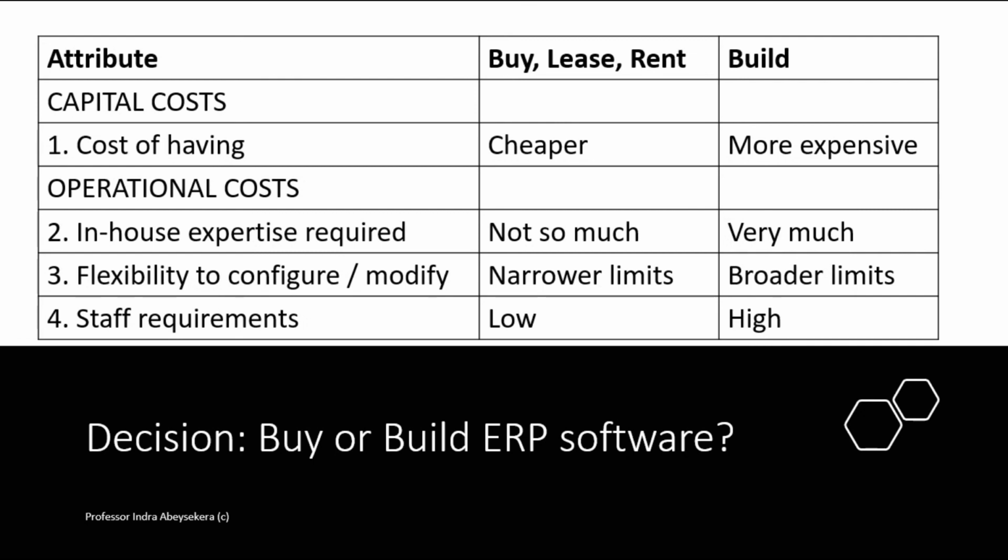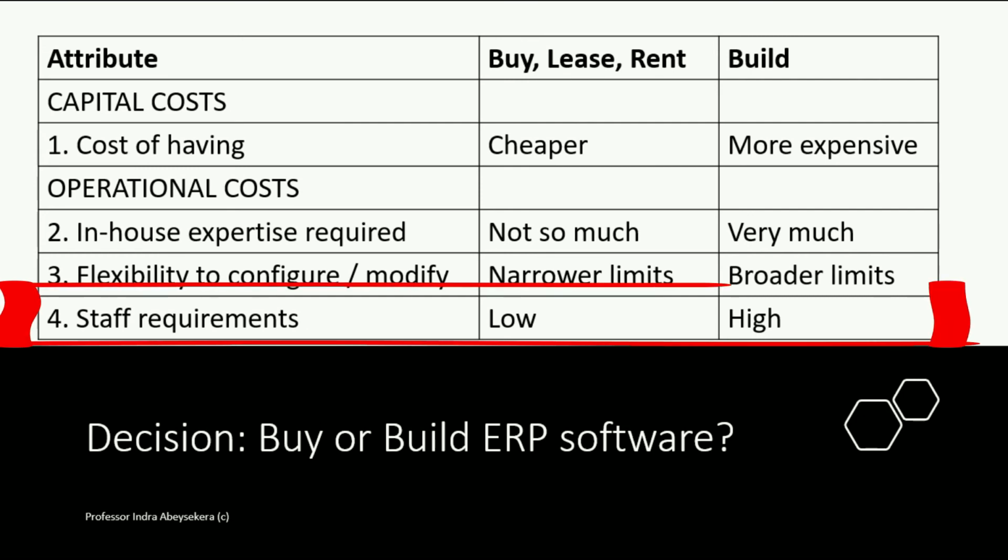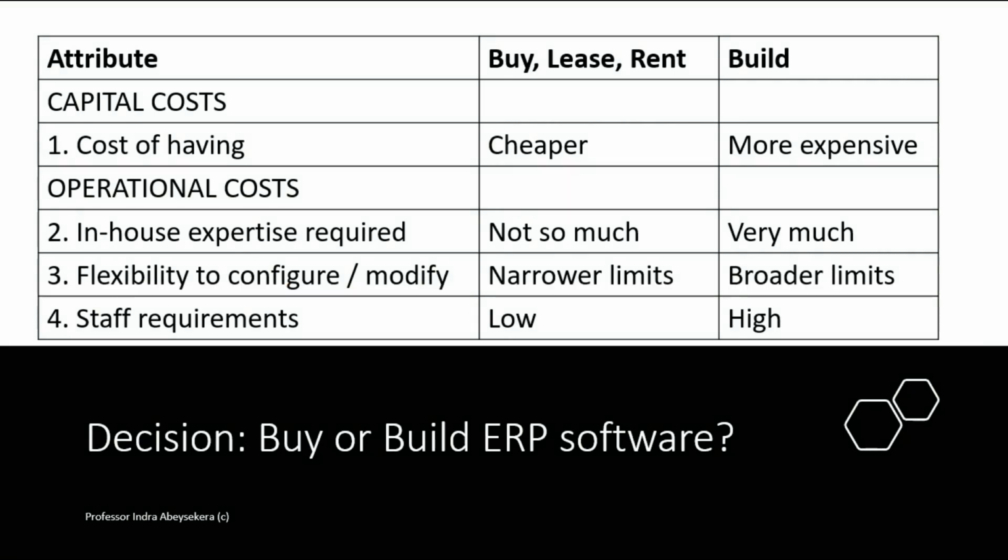The staff requirements in operating the ERP software, if it is bought, could be low because the maintenance and operation of the ERP software can be outsourced or can be conducted using a contract agreement with the vendor.